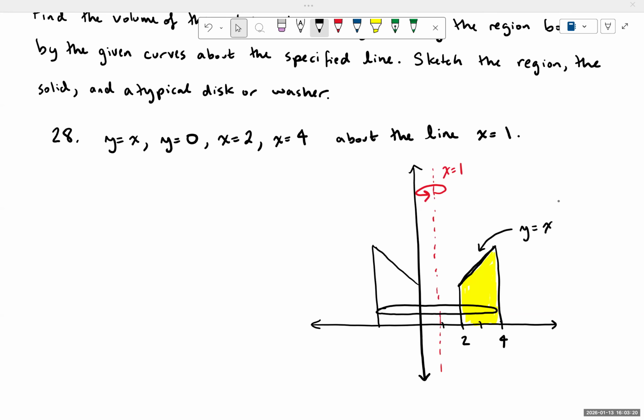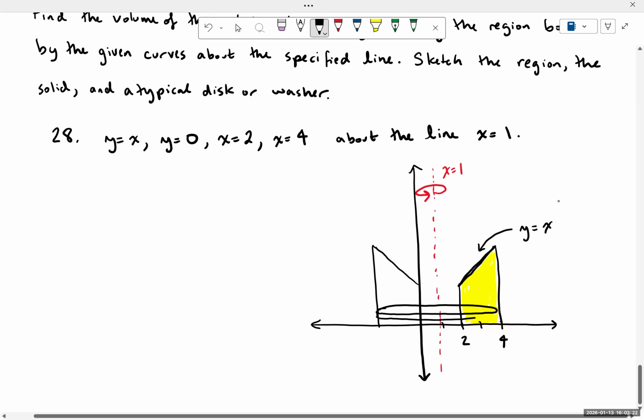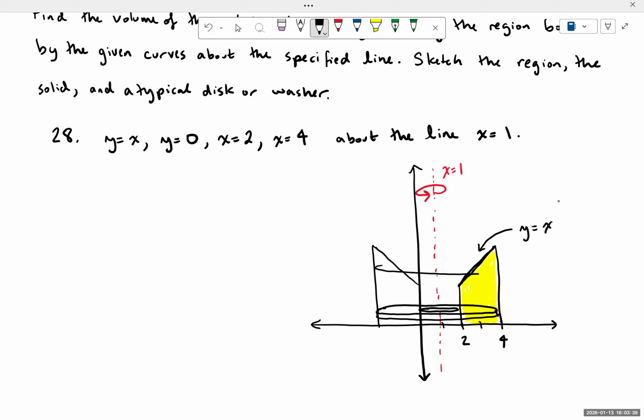In this bottom part, we can see that the washer goes between these vertical lines. So essentially, you're going to have concentric cylinders. Whereas in the top part, the outer radius is still to the vertical line, but the inner radius is to the slanted line.